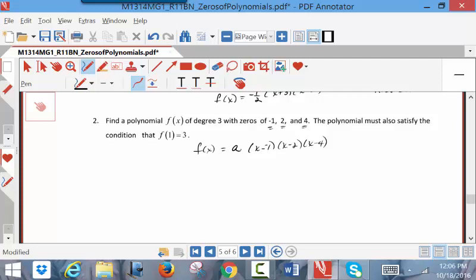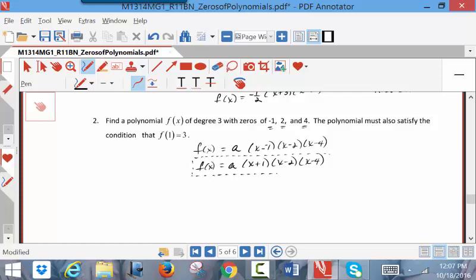We don't know the vertical stretch or shrink. We don't know if it's reflected over an x-axis. So we're going to leave that as an A for a little bit until we can come up with the value for A. So this is almost the answer. We need to find A.